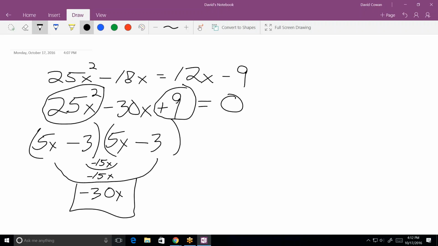In other words, if my life depended on it, I might go back and FOIL it properly. But if I'm doing a problem on the test and speed is an issue and I got more problems to do, then I'm just going to do this inside and outside check. Okay. And in fact, that inside and outside check is actually part of the process. I didn't know that 3 and 3 were correct until I did this.